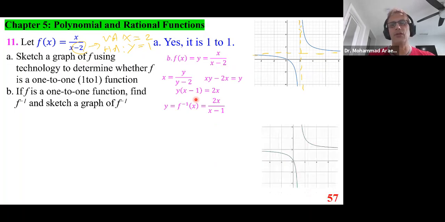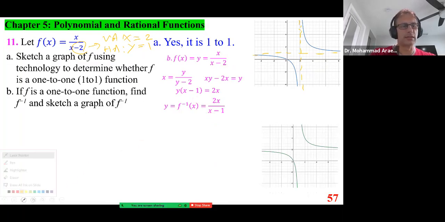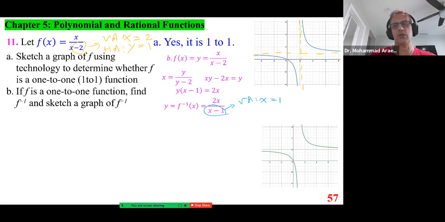And here's the graph again using technology. Notice, and this might be interesting, VA is x equals 1 and HA is y equals 2.